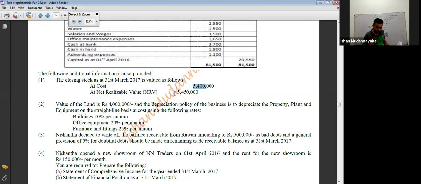Therefore, don't worry about net realizable value. Record only 5,400. In the cost of sales, deduct 5,400 as closing stock, and in the statement of financial position also show 5,400 as closing stock. We'll discuss 5,450 later.